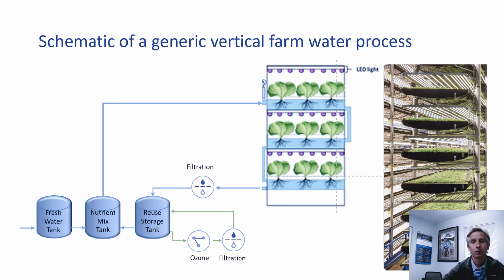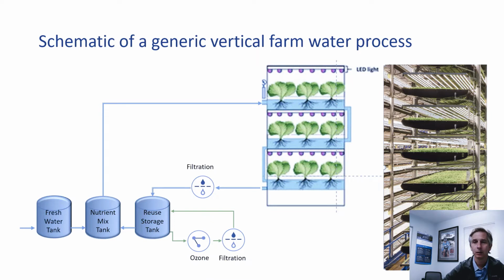Most of these farms, because they're located near large metropolitan areas, are using city water, and they'll take the city water and we can help them filter the water to get it pure for the nutrient mix. Then the farm will add a special nutrient mix that's just right for growing the leafy green vegetable they're looking for.